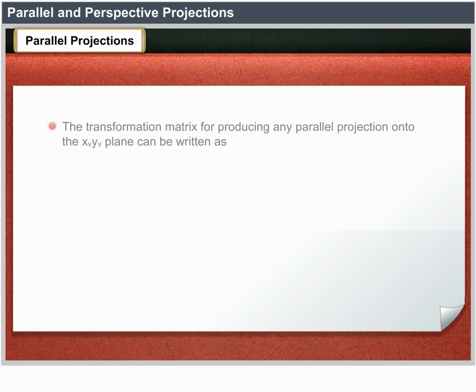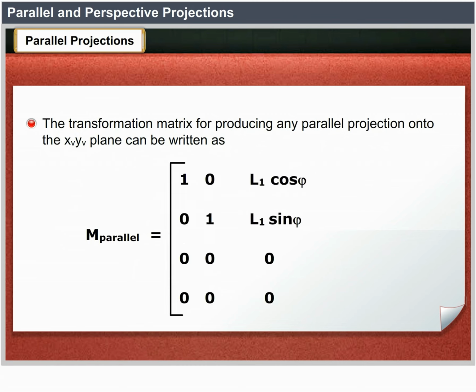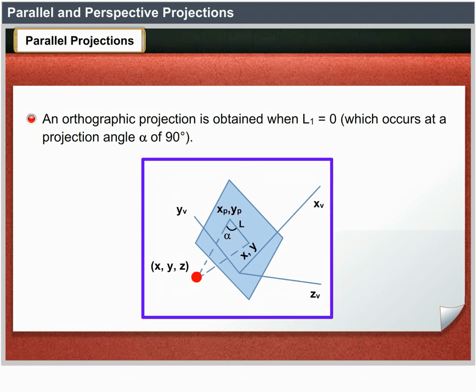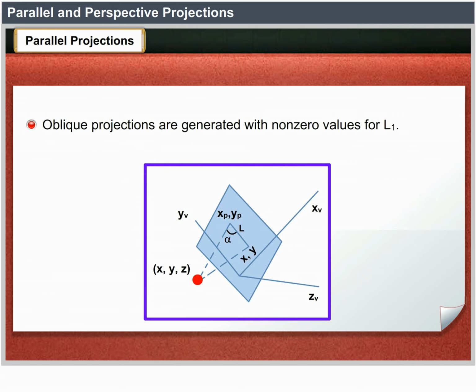The transformation matrix for producing any parallel projection onto the xy plane can be written as follows. An orthographic projection is obtained when L1 equals 0, which occurs at a projection angle alpha of 90 degrees. Oblique projections are generated with non-zero values for L1.